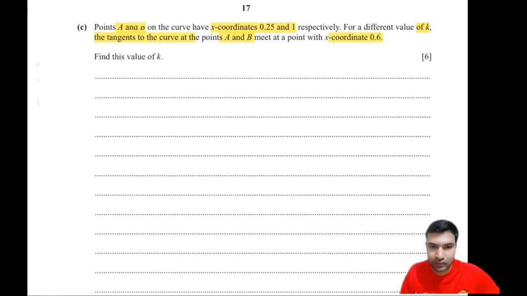So whenever the given constraints are complex, always get a rough idea by drawing a rough sketch. So let's assume that this is how the curve looks like. Here we have A, and this point is B, and the x coordinate of A is 0.25, which is 1 by 4, and B is 1.